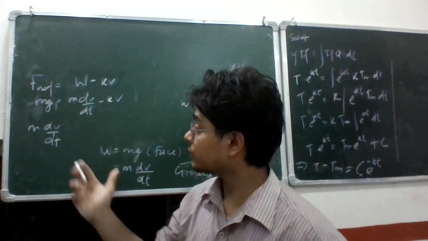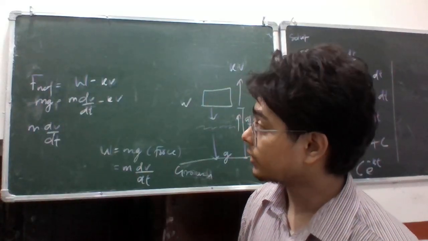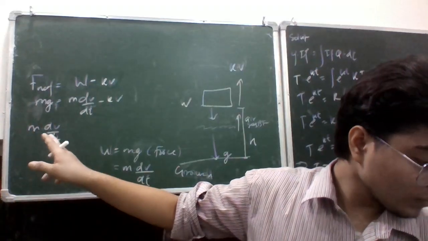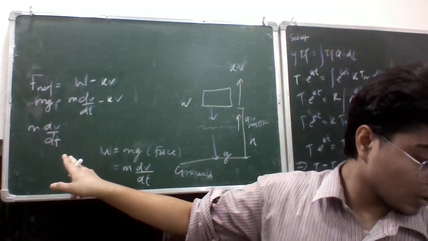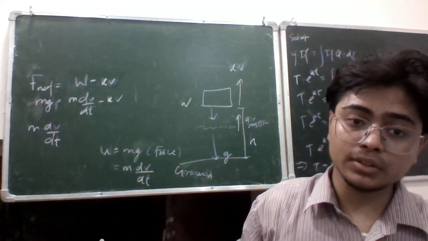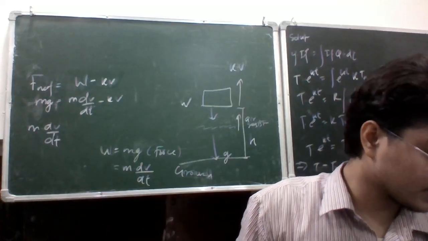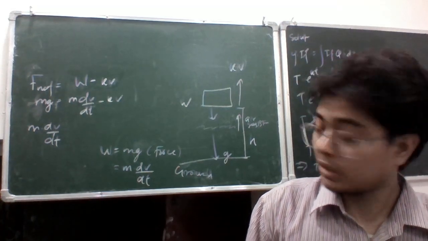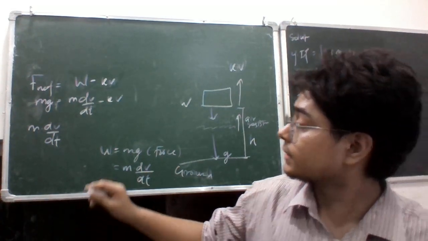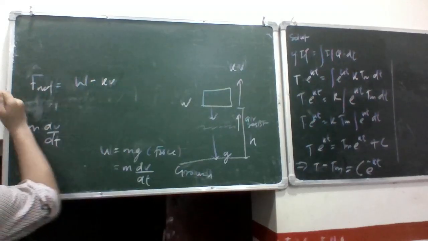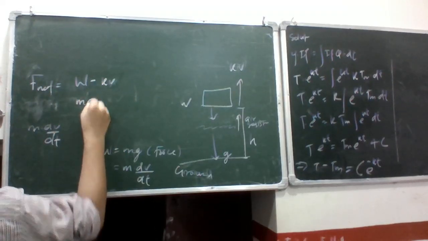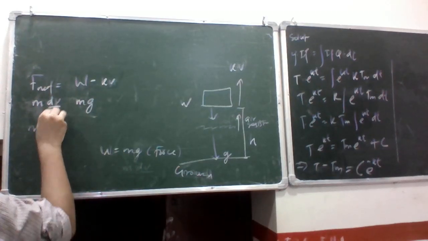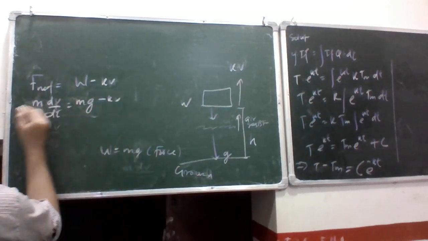That's why we consider the acceleration and the gravitational force to be different things. Nevertheless, we have an equation which looks like this. I'm sorry for this. It's actually m g equals m dv by dt plus k v.